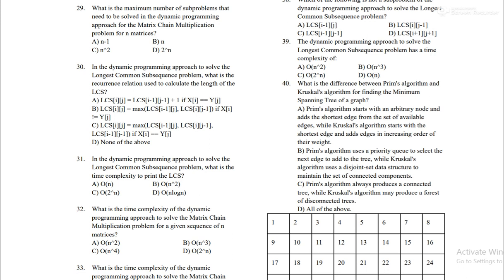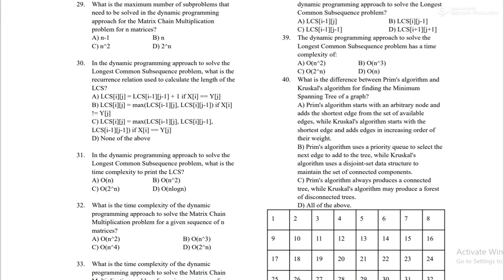What is the time complexity of the dynamic programming approach to solve the matrix chain multiplication problem for a given sequence of n matrices? We have discussed this question previously also. The correct answer is n cube, that is order of n to the power 3. So the correct option here is option B.